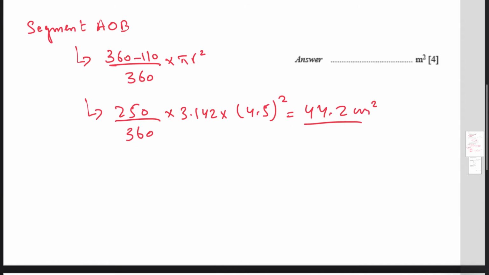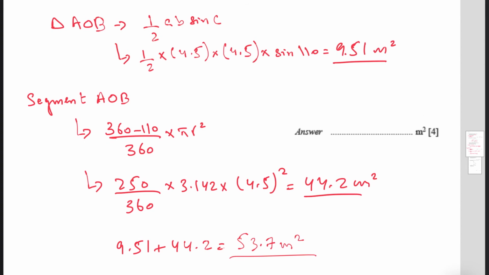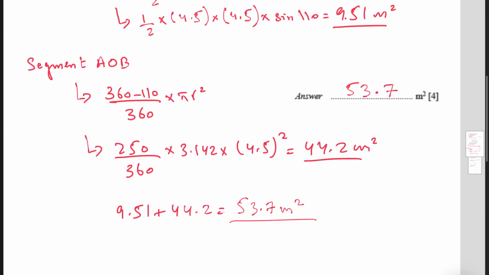So we add the two areas. We add 9.51 and 44.2 together, and 9.51 added to this gives us 53.7. So we write 53.7 meters squared, which is the area of the cross section, and we write it over here, 53.7. Okay, let's move on.